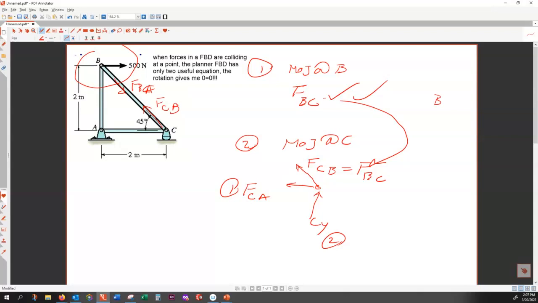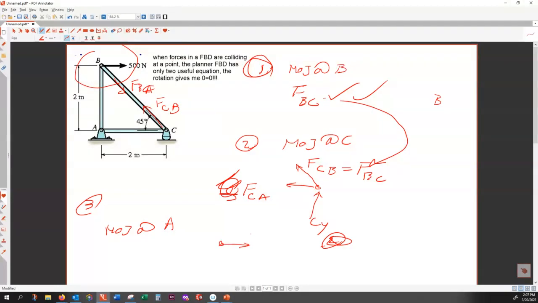Now imagine I did step 1, method of joint at B, stage 2, method of joint at C, and the third step I want to do the method of joint at A. Let's see what happens. If I apply that, my free body diagram would look like this.